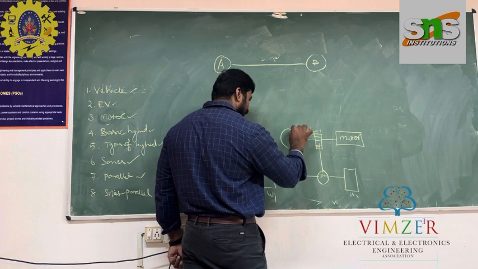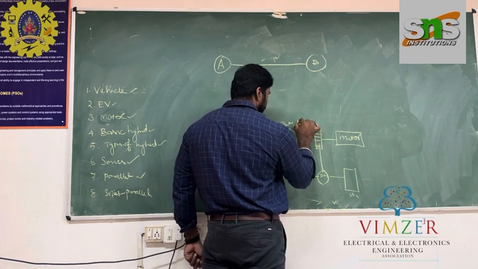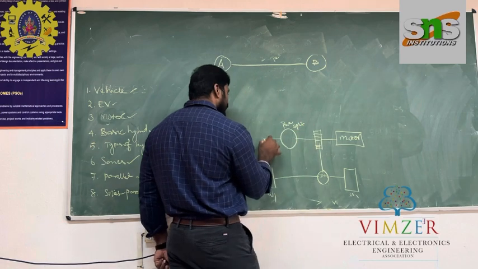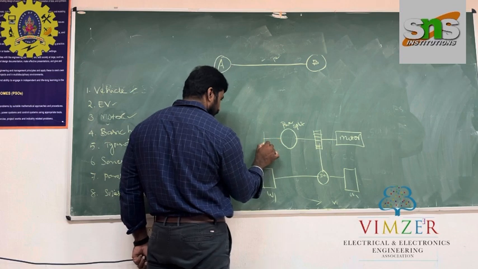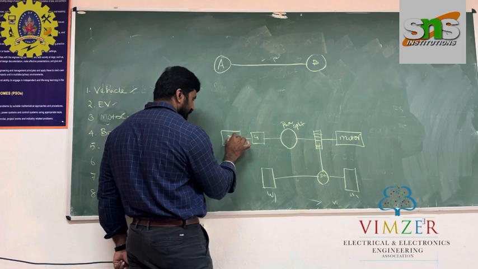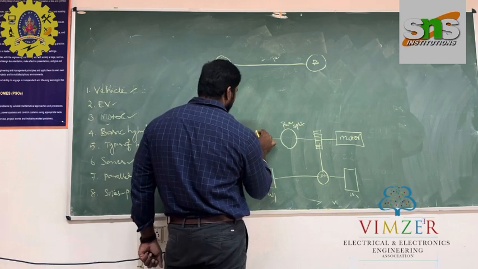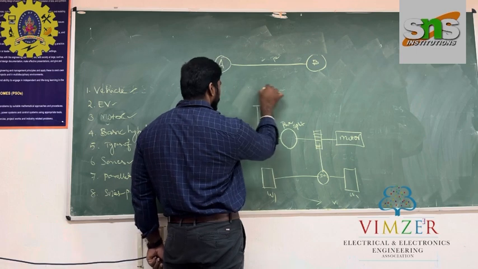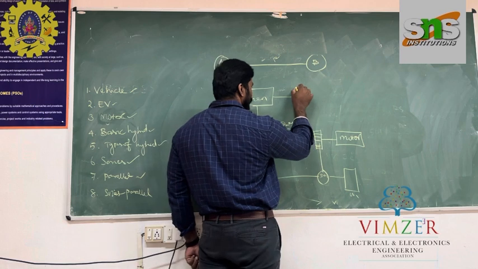Here the additional device is called the power split device, and here the internal combustion engine, connected through gear. In this gearing mechanism, it is again connected to the generator or alternator.